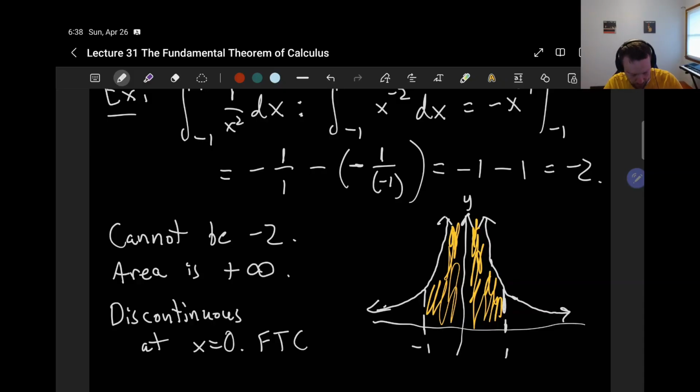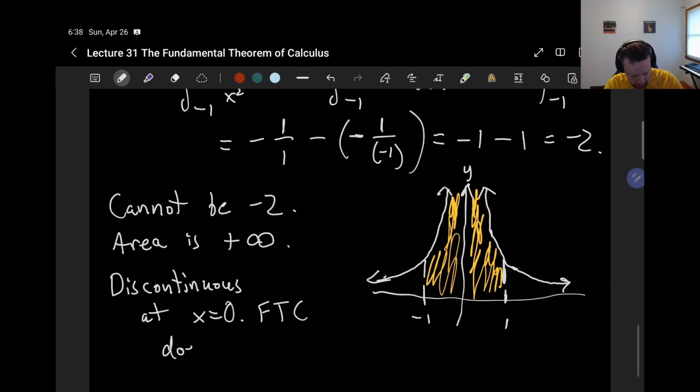So this means that the fundamental theorem of calculus does not apply. The conditions aren't met, and we certainly see that we get nonsense.